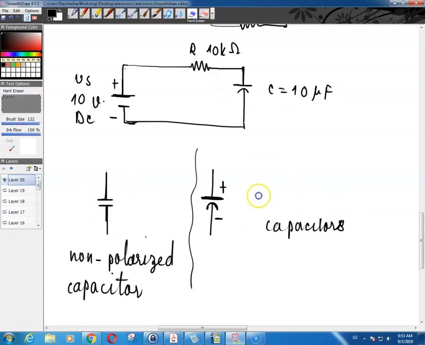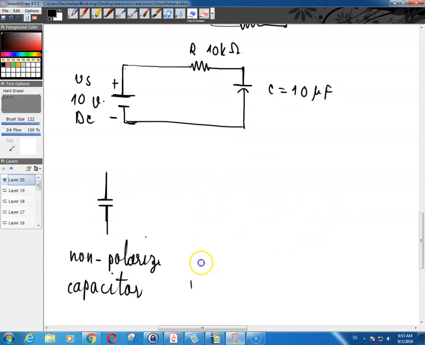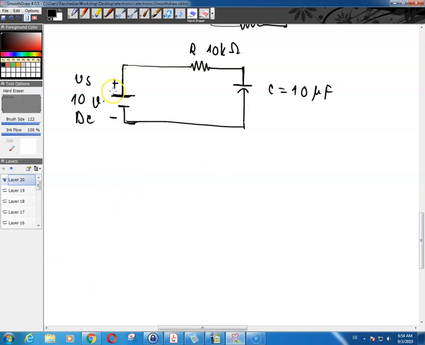Now, if you have this capacitor in this circuit, so you have a battery over here, you have this resistor over here, and you have this capacitor. If you place a switch somewhere in this circuit, and suppose that the switch is open, as soon as the switch is closed, the capacitor will start charging.